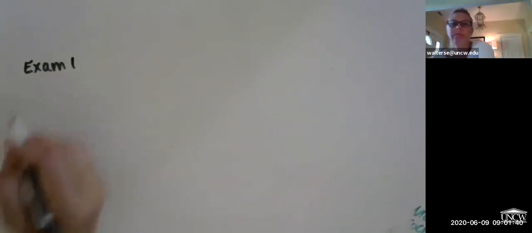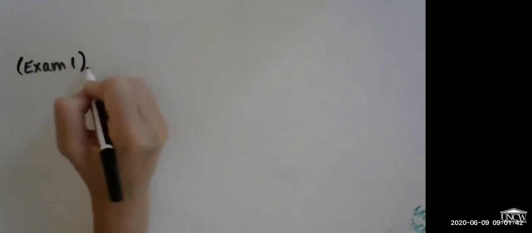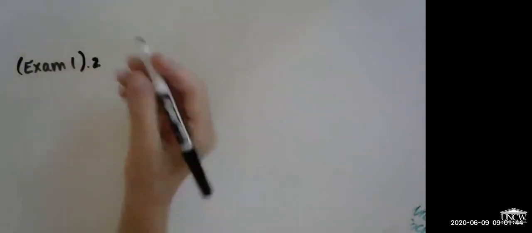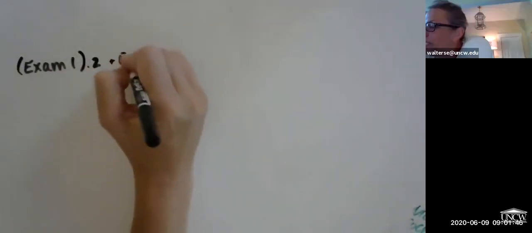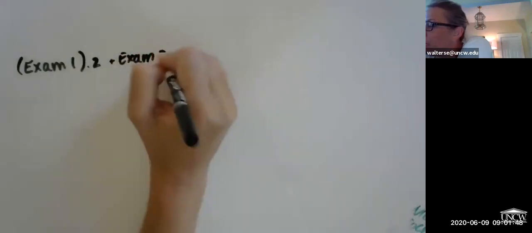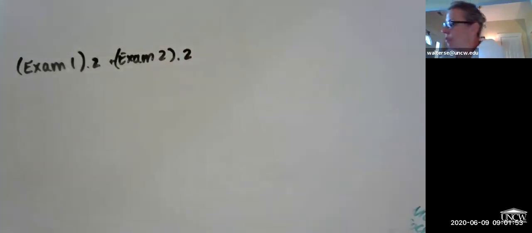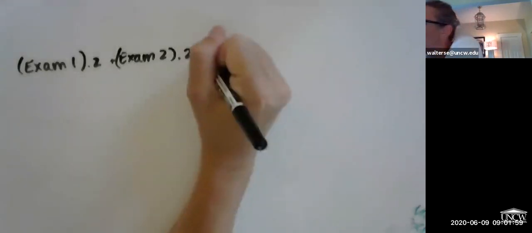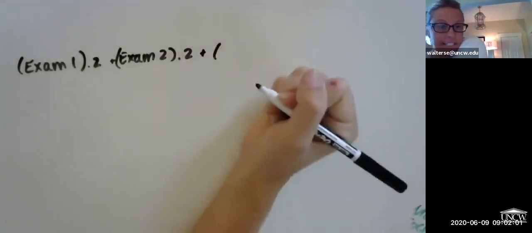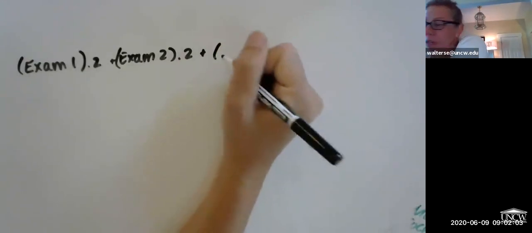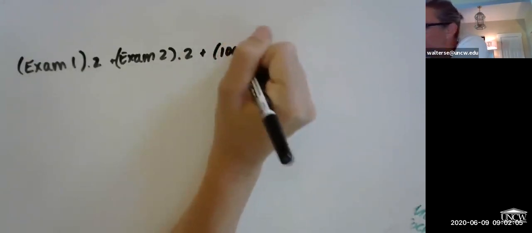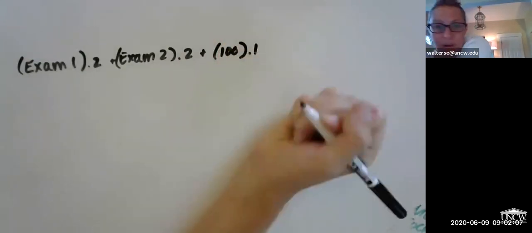Okay, so exam 1 times 0.2 plus exam 2 times 0.2. Now over the next thing, what I want y'all to do is, if you are participating in the discussions, so discussions are going to end up being 100 times 0.1.